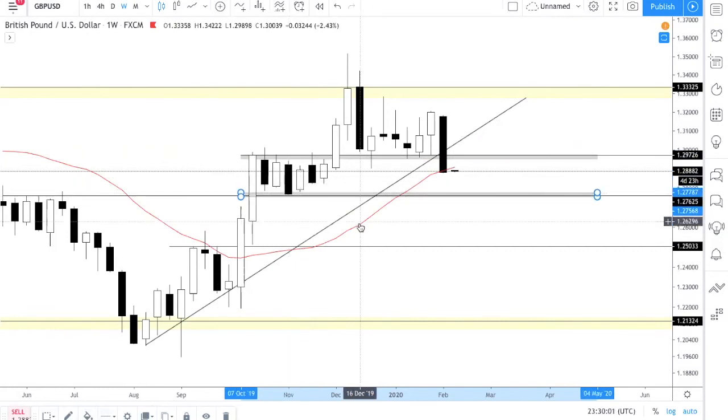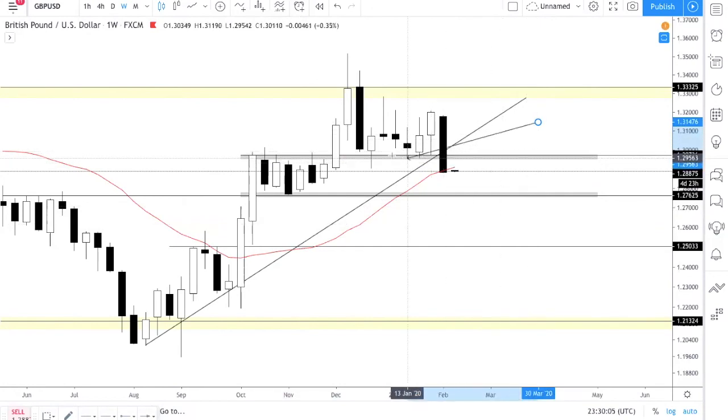Beautiful. So if price manages to stay below this zone, we can look to sell it back down to these swing lows. If price manages to break this swing low, we can look to sell it even further.